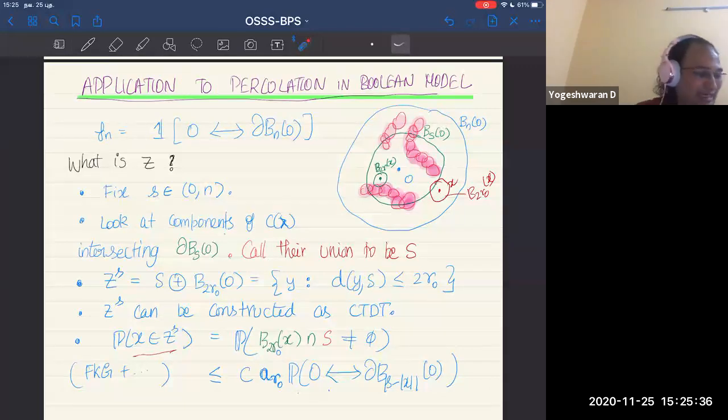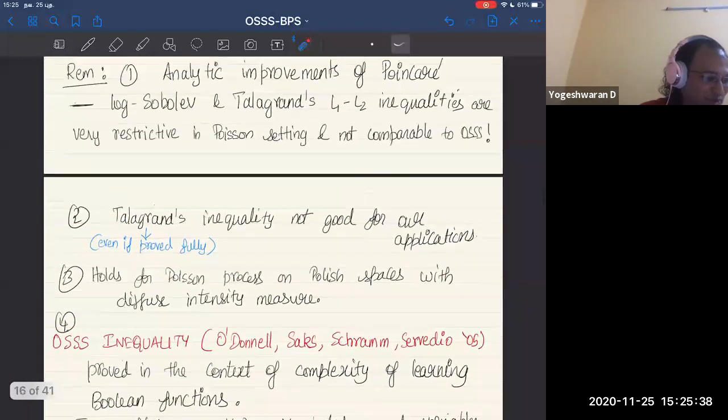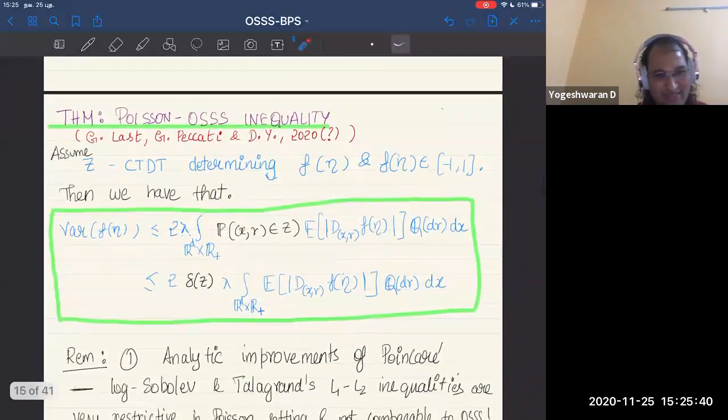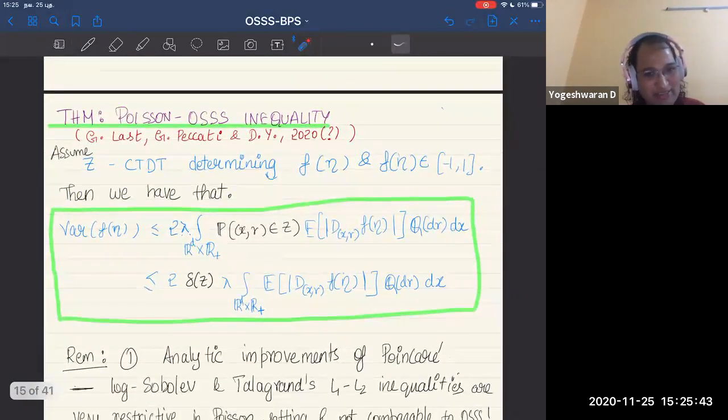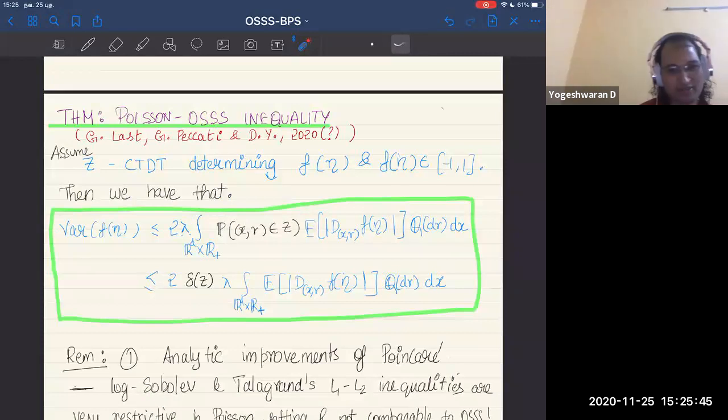One technical point is that the inequality, the first one, is linear in this probability. This allows you to put additional randomness on Z, so that you can pick among many stopping sets and then average out here and still get it. That's what is being exploited.